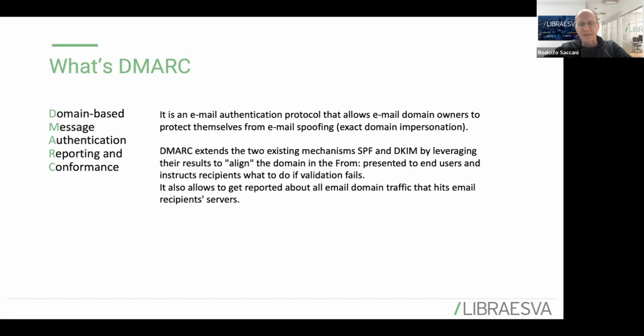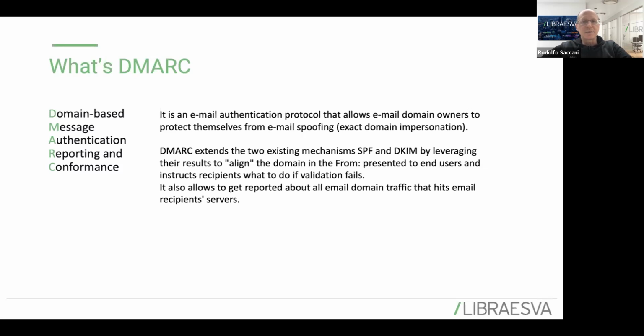So we already have some standards to protect from spoofing. In particular, we have SPF that protects the envelope from spoofing, but the envelope from is not what is shown to the user. So the main aim of DMARC is to protect the header from, which is what the user sees, from spoofing.